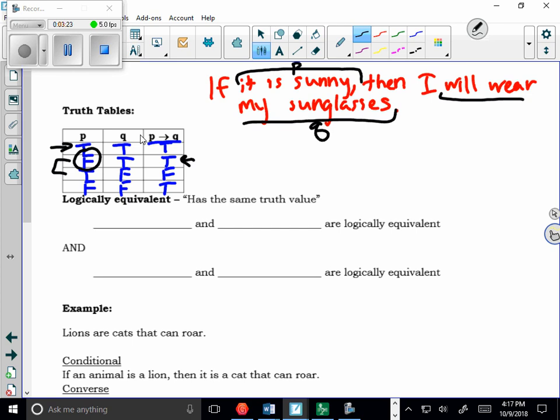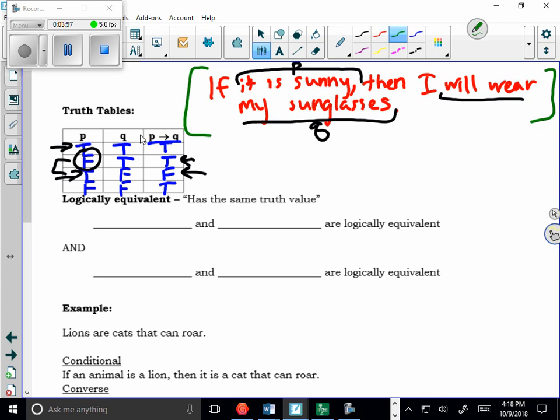So if I say it is sunny, but I'm not going to wear my sunglasses, it makes the whole statement false, because the whole point of the original conditional was saying, if it is sunny, I conclude that I'm going to wear my sunglasses. So if my conclusion completely changes, there's no way I can say that conditional is true. It would have to be false if my conclusion changes.